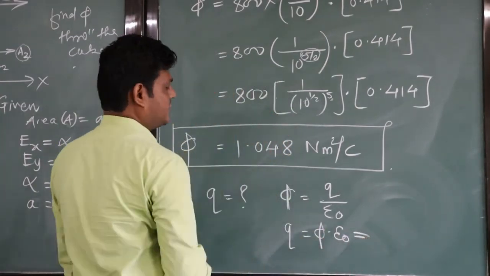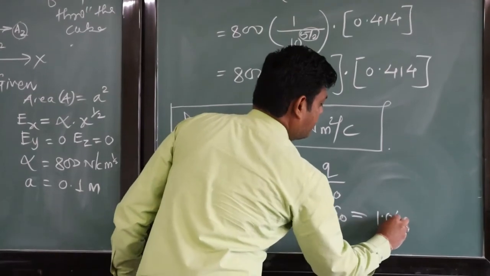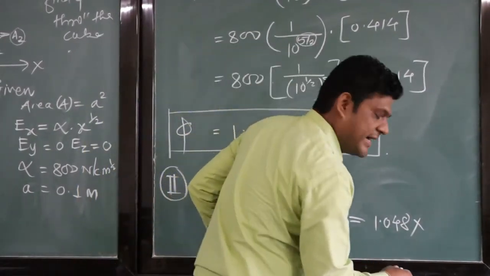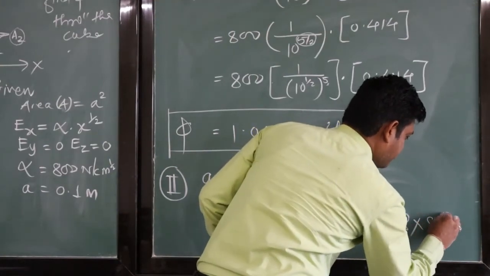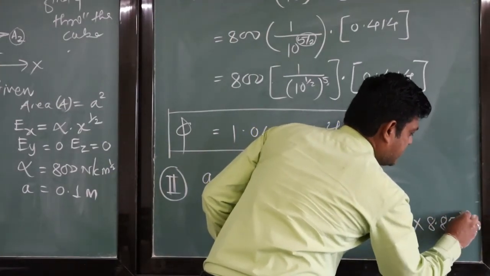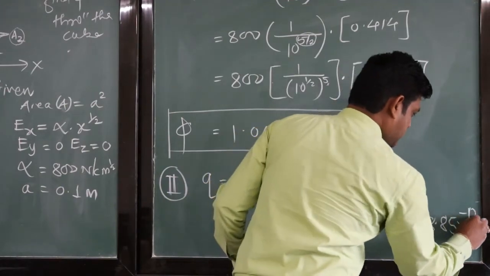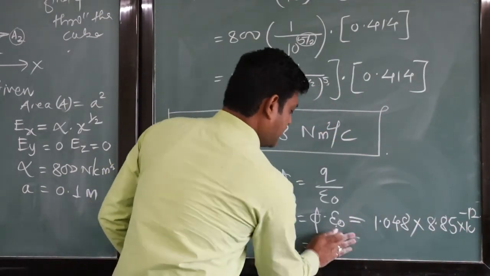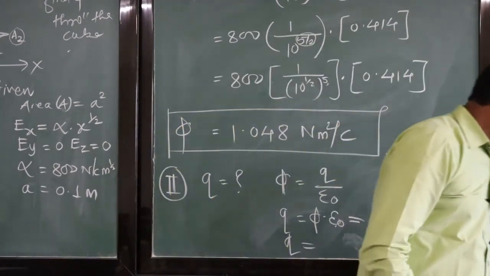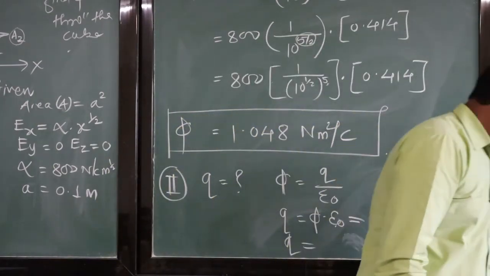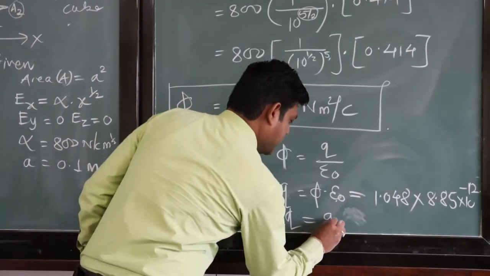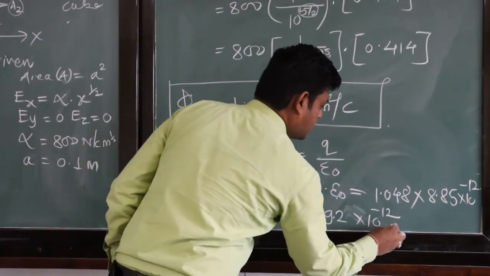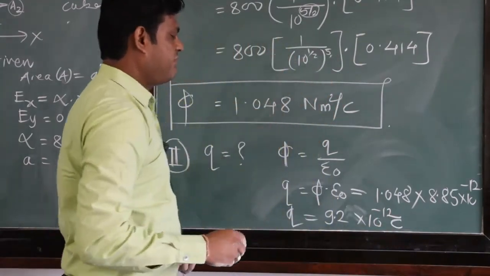We calculated flux over here, 1.048, and the value of epsilon 0 we know, that is 8.85 into 10 to the power minus 12. Now you can write the charge, and the answer is 9.2 something into 10 to the power minus 12 coulomb. This is your final answer.